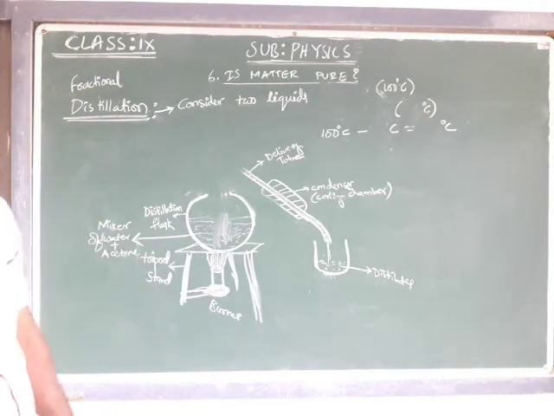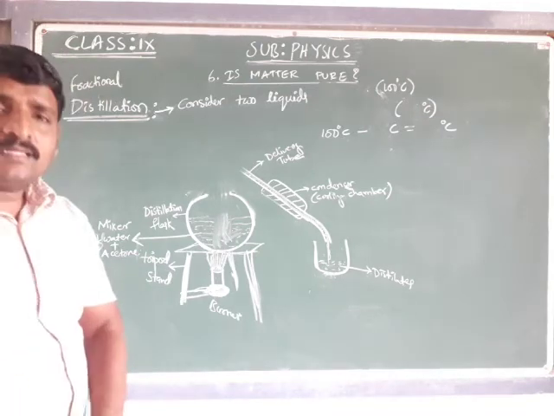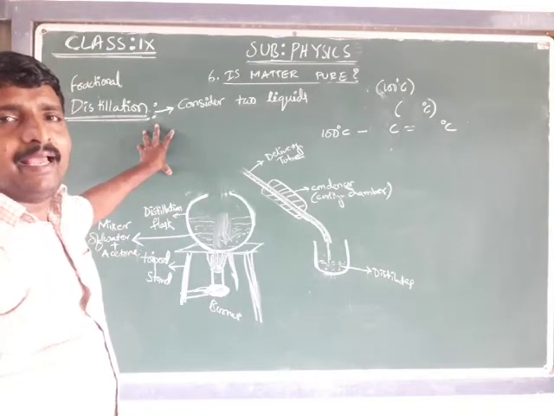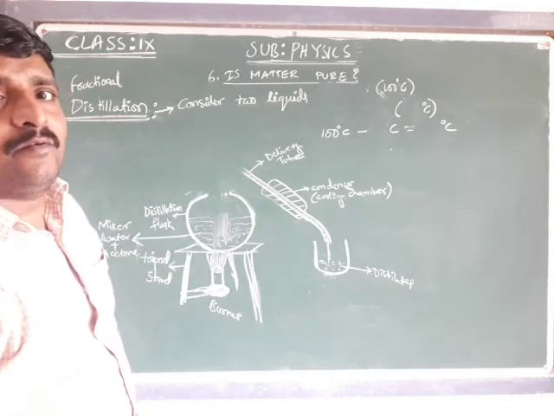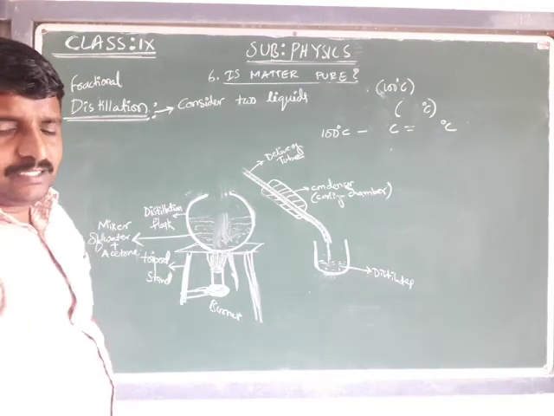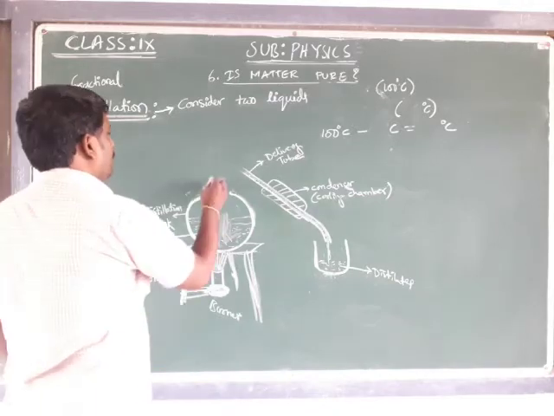Next concept is the fractional distillation process. The process is same, and all the apparatus is the same, except one extra piece that we are going to connect, which is the fractionating column.